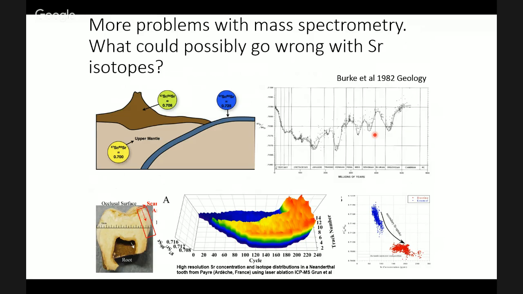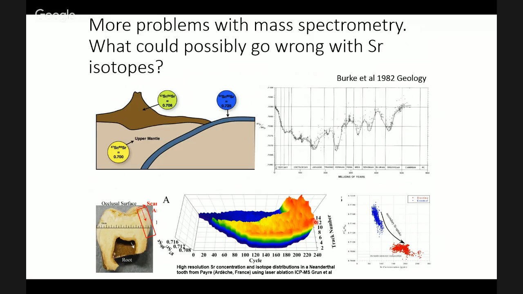So moving on to other things that can go wrong. This is some examples using strontium isotopes, and strontium is quite often used in the geosciences. It can tell us about where various contributions of continental versus oceanic sources to ocean chemistry, and this is a record of ocean chemistry through time, which is a proxy for mid-ocean ridge spreading rate, or it's a proxy for weathering, however you look at it.